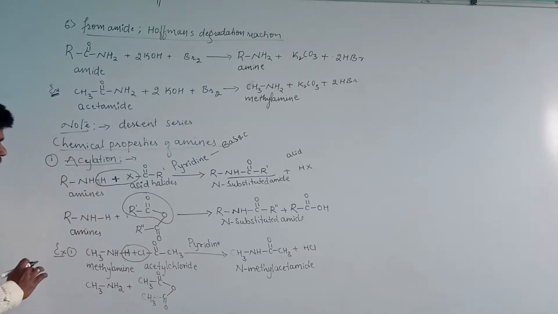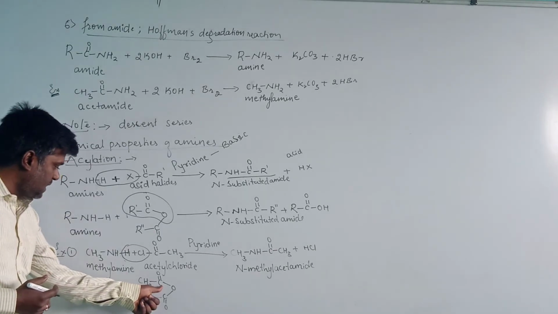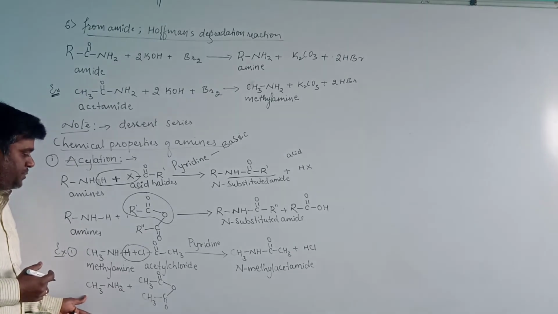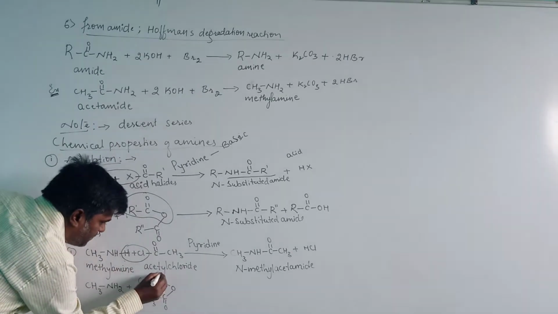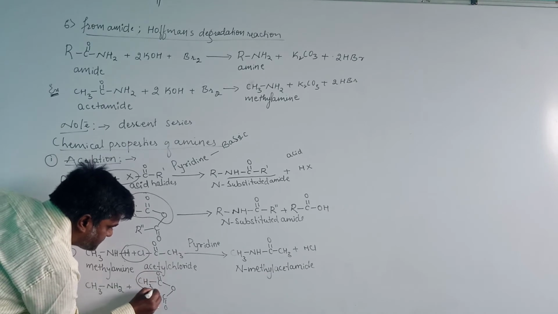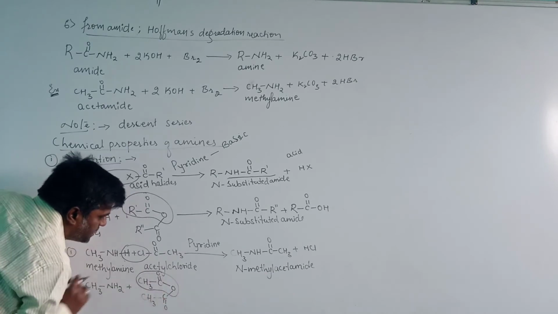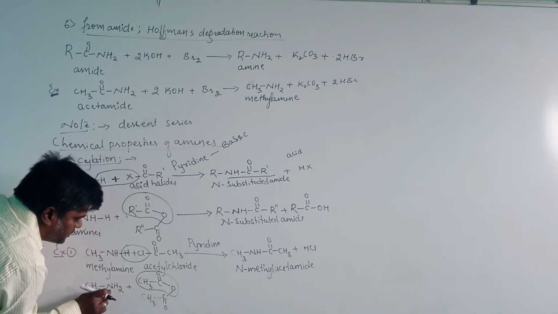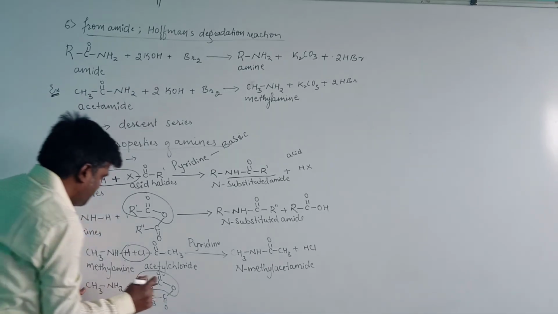This compound is known as acetic anhydride. When the acetic anhydride reacts with methylamine, this much part will combine with the hydrogen of the amine, and this much part will attach directly to the nitrogen. Then it will produce this compound.